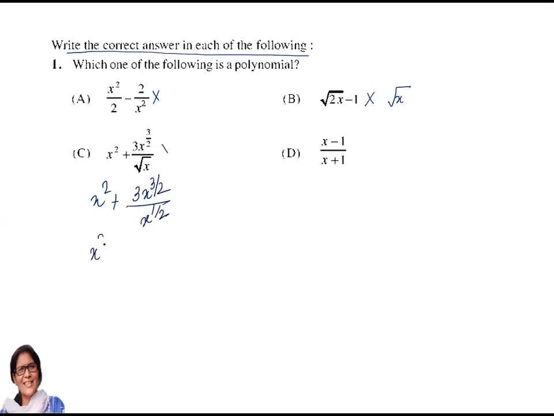You know that when division takes place, the power is subtracted. 3 by 2 minus half. 3 by 2 से हाफ माइनस करने से हमको क्या मिलेगा? हमको एक x मिलेगा, तो ये पॉलिनोमियल होगा. सो दिस इज ए पॉलिनोमियल. ये पॉलिनोमियल होगा? नहीं होगा, क्योंकि x नीचे है, तो ये पॉलिनोमियल नहीं होगा. सो सी इज द आंसर.